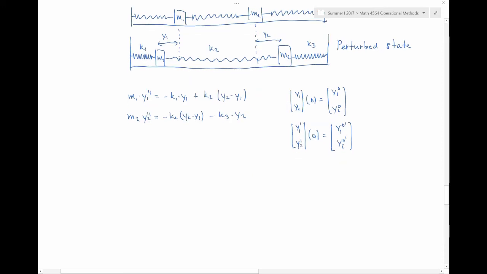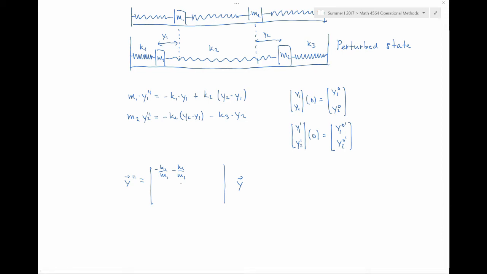So if I want to write it as a system of second order equations, I really need to divide by m1 and m2, so that what I will have is the vector y second derivative equal to some matrix times the vector y. The first component is multiplied by minus k1 over m1 minus k2 over m1.